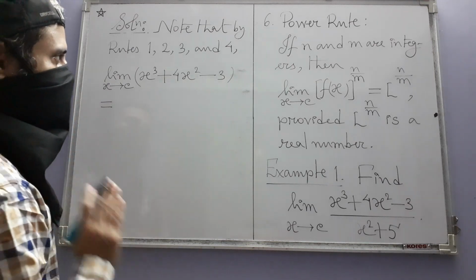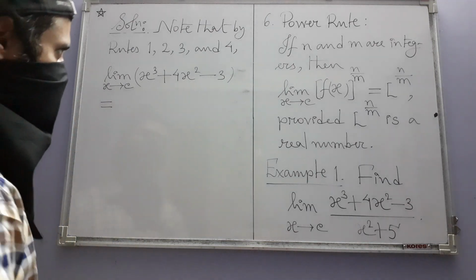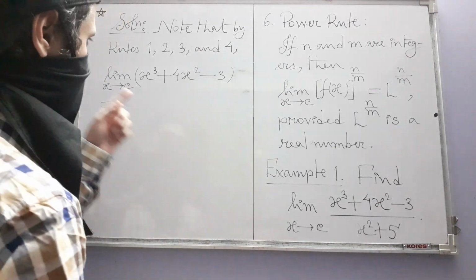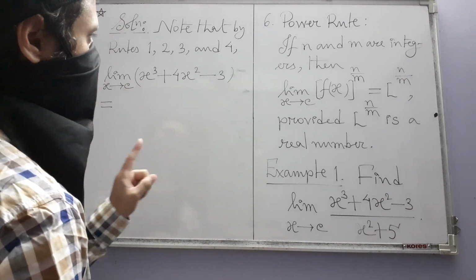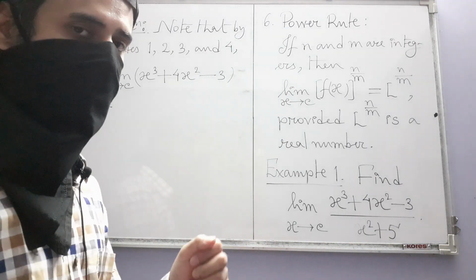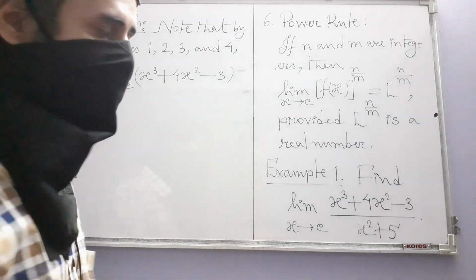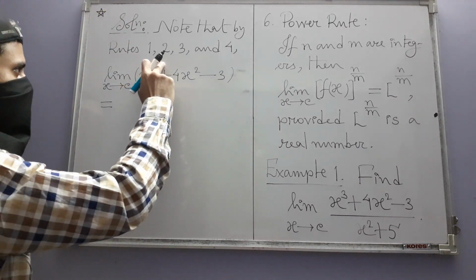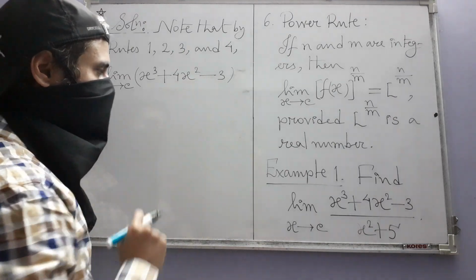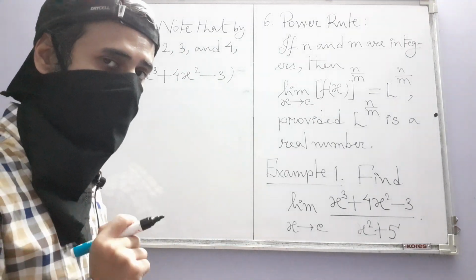So first of all, what happens is that we apply the sum rule and the difference rule, because here you can see that we are looking at a sum and a difference of three functions. One of them is x cubed, another one is 4x squared, and another one is the constant function 3.